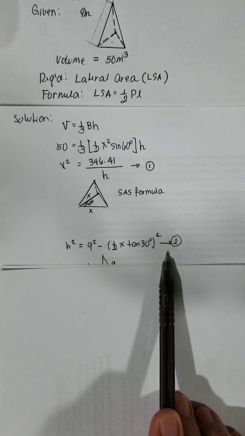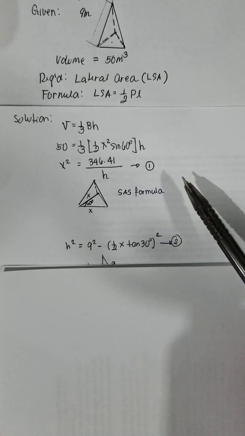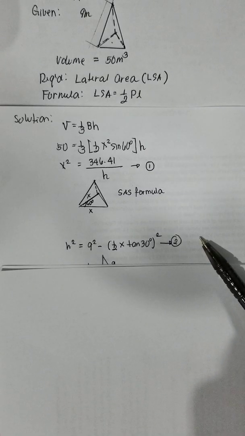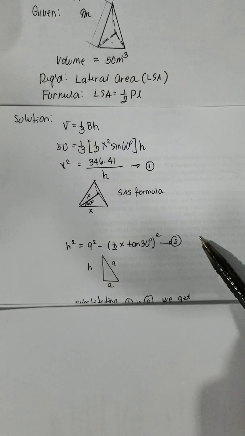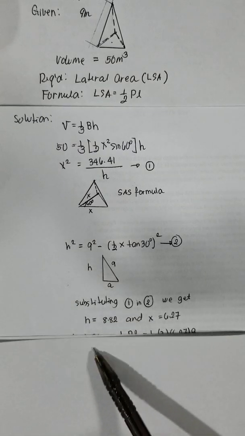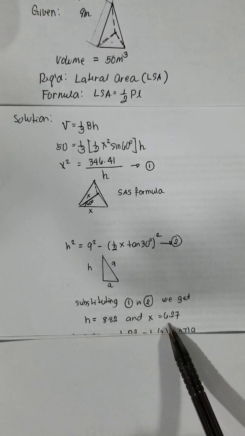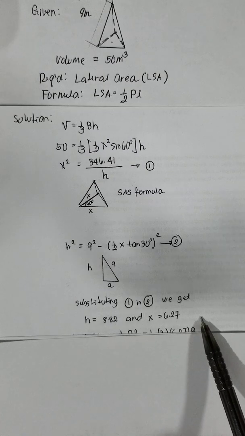Let this be equation number 2. Substituting equation number 1 into it, we get the height as 8.82 and x as 6.27 meters.